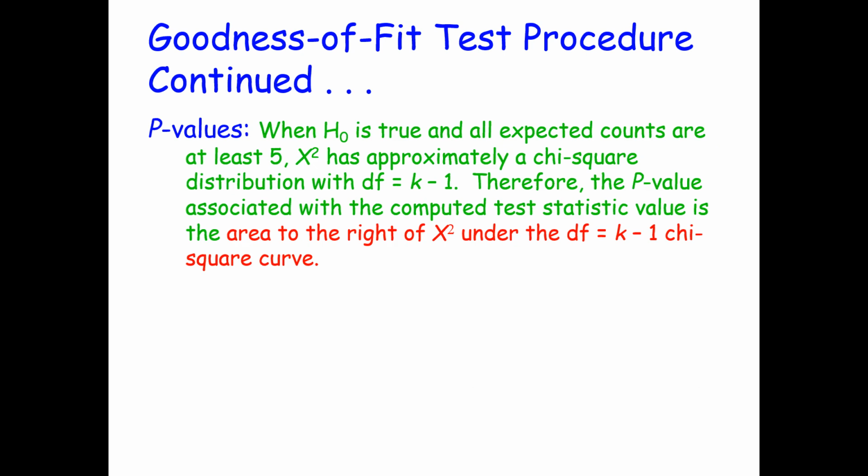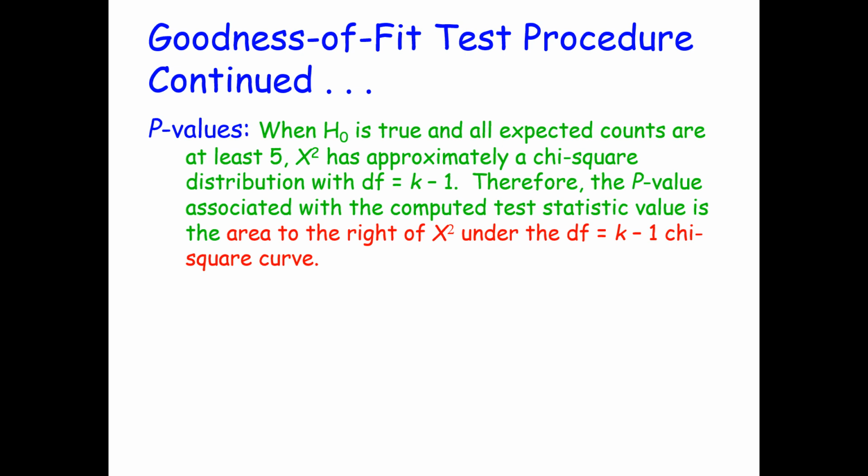Now, as far as p-values go, when our null hypothesis is true and all expected counts are at least 5, our chi-squared has approximately a chi-squared distribution with degrees of freedom of k minus 1.